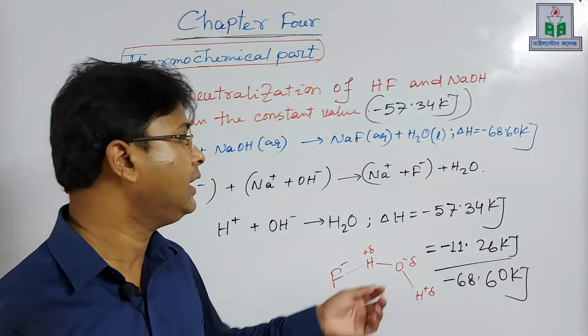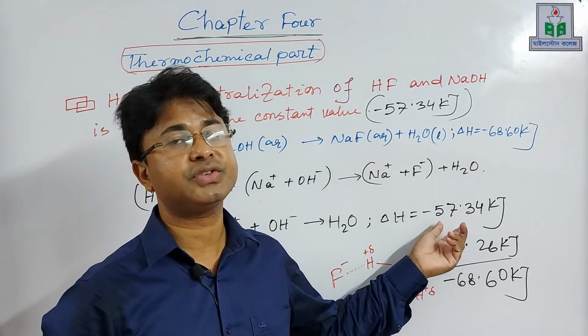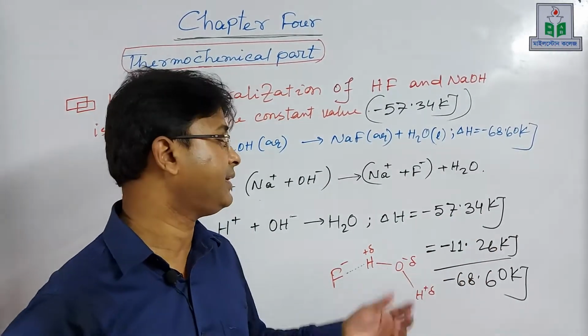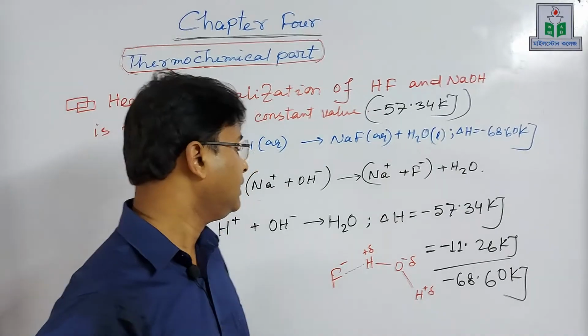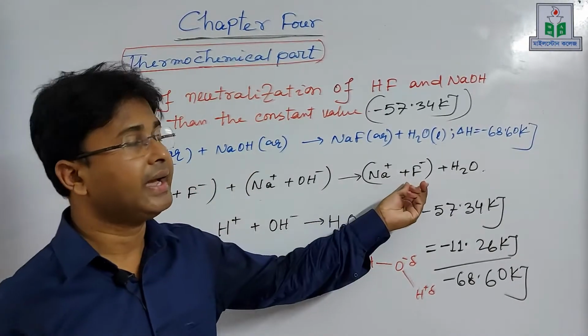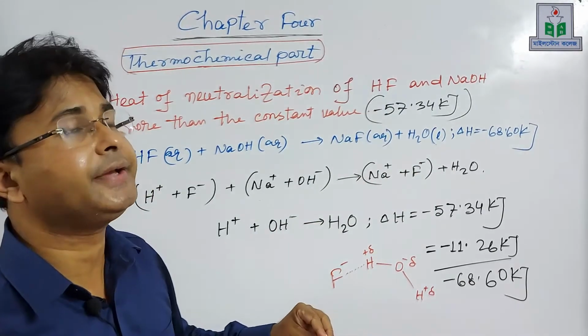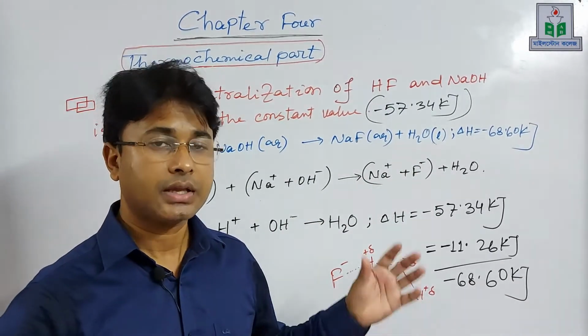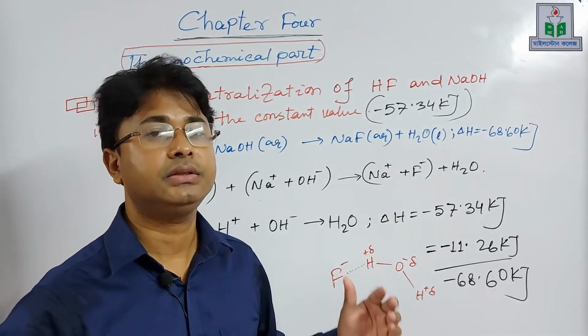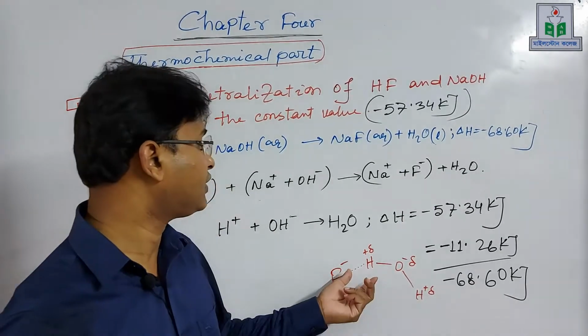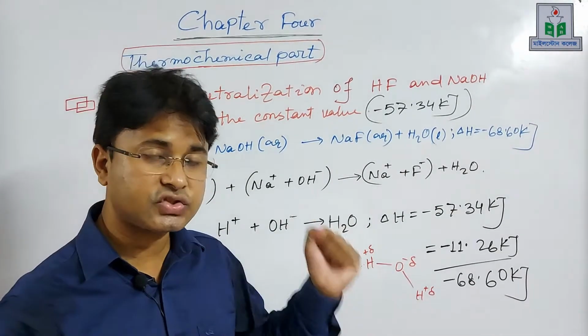Here minus 57.34 kilojoule heat is evolved, but the ionic size of fluoride ion is small. That's why it combines with the polar water molecules very strongly.